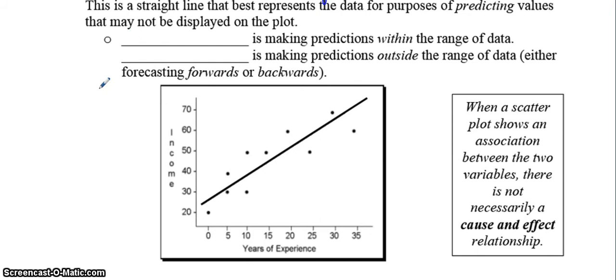So if you remember from grade 9, you may be asked questions such as, if you had 15 years of experience, then what would your income be expected to be? In a case like that, that is what we call interpolation.